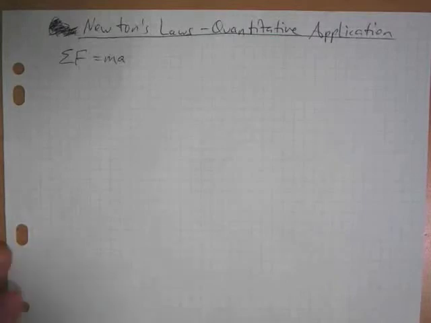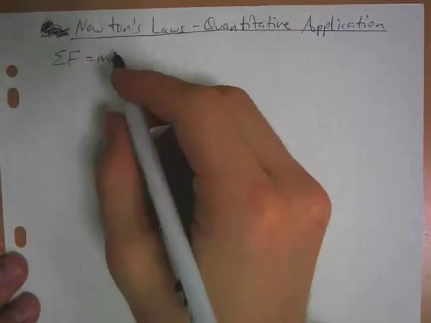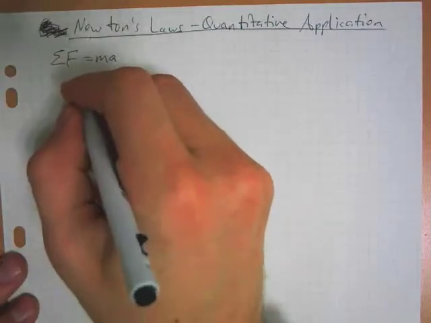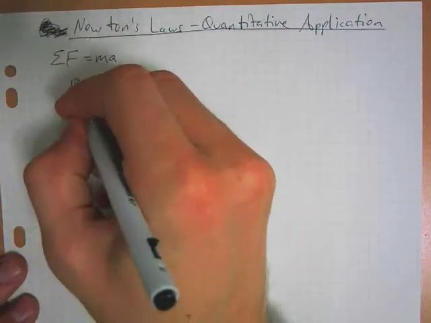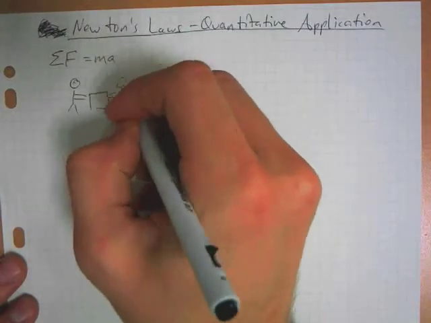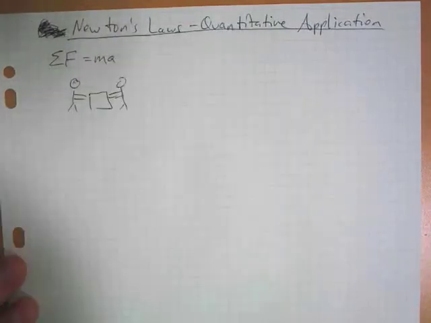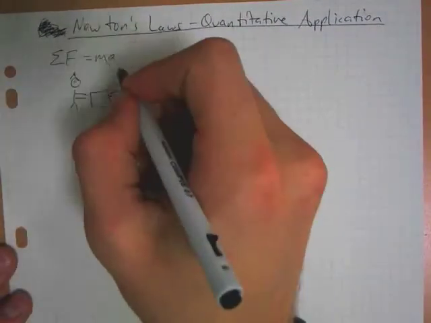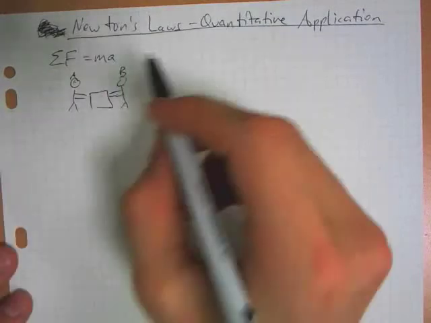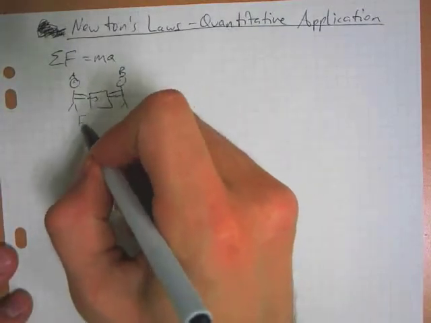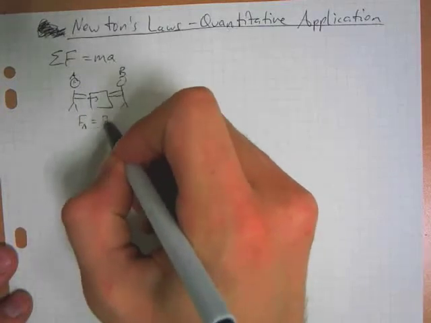So let's take an example. Let's say that we've got two people and they're pushing on opposite sides of a box. They're arguing about where the box should go. Person A pushes with a force of 22 newtons.